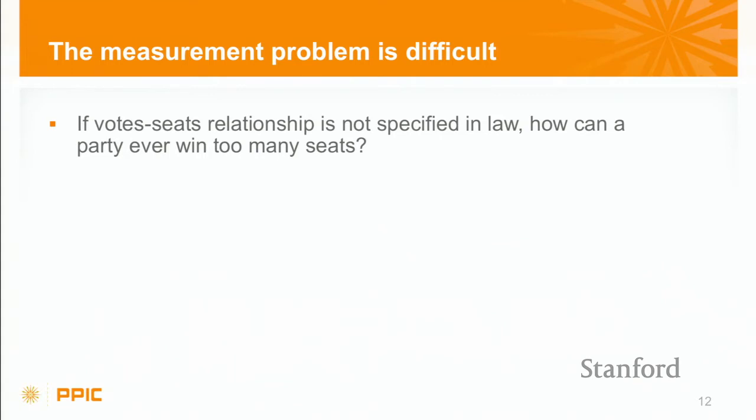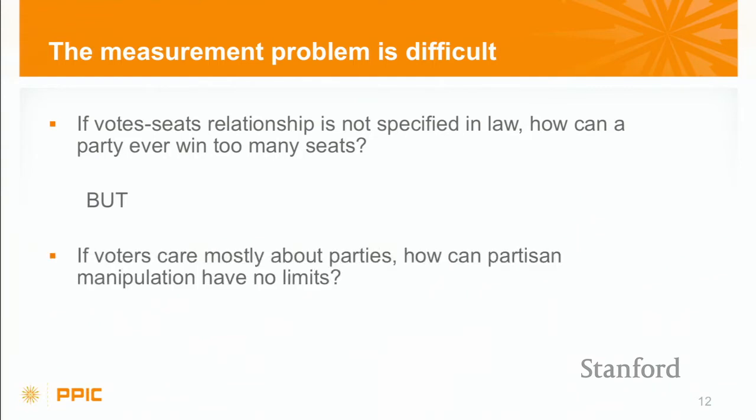We're not even supposed to have these things called parties. It's all supposed to be about representing places, right? But if voters care mostly about parties when they're casting their actual votes, how can you say that partisan manipulation can have no limits? And so when you think about it in those terms, that we have essentially layered a partisan system on top of a basically geographic system, you begin to understand the challenge, the struggle that the court is facing when they're trying to decide how much is too much, right?